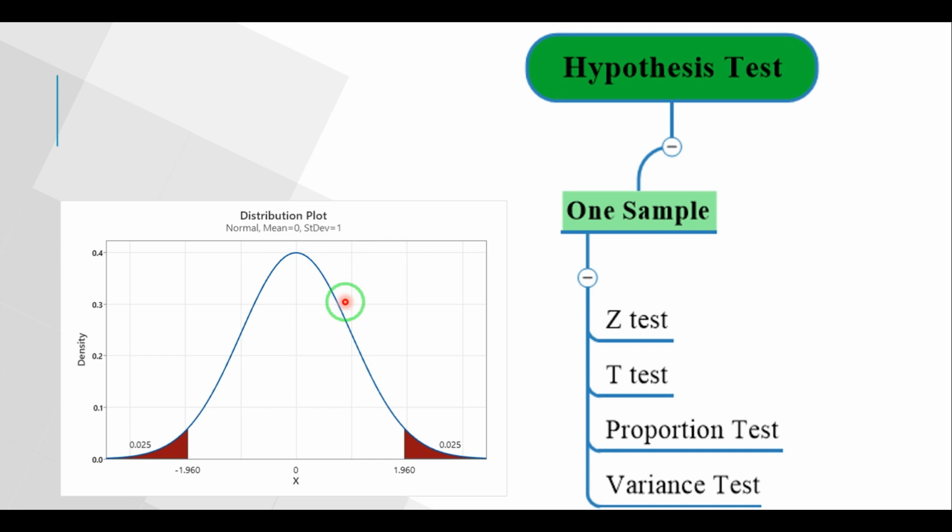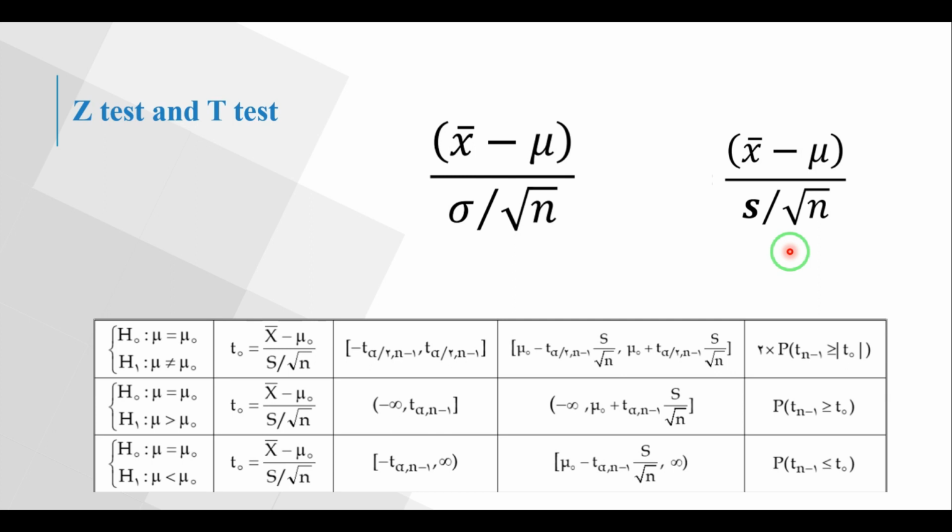If the p-value is greater than 5%, you would fail to reject the null hypothesis. We will investigate different hypothesis tests by considering this rule in order to decide whether to reject the null hypothesis or not. The first tests which we have here are the z-test and t-test.